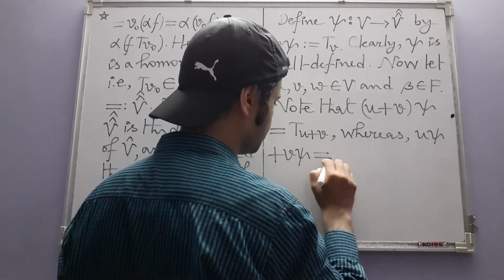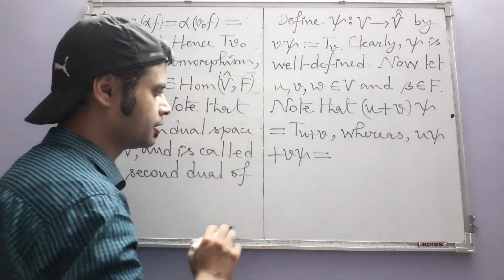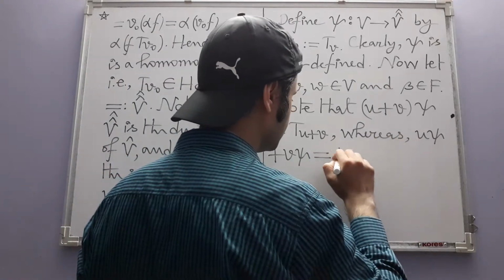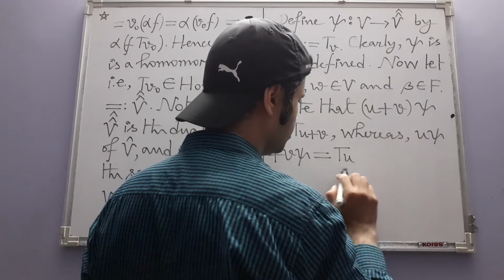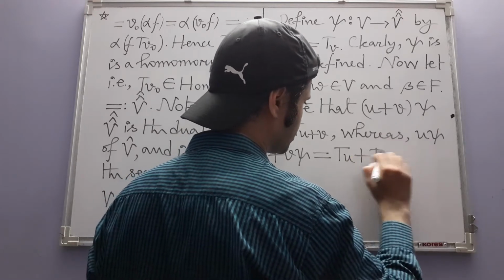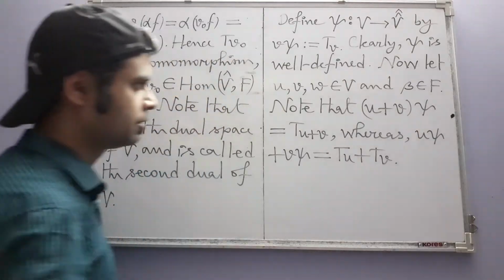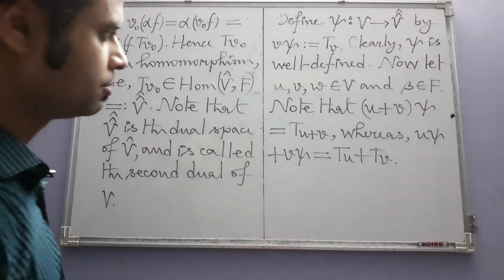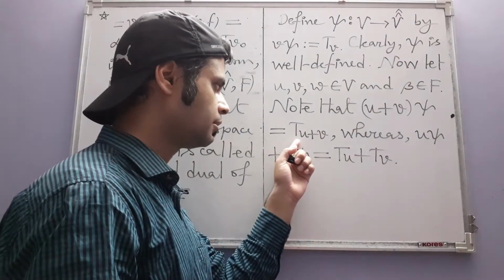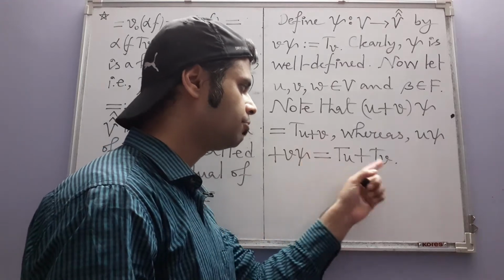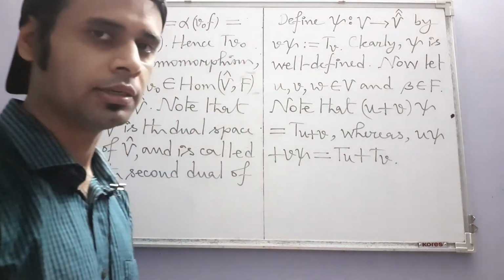If that happens, then we can say that psi respects addition. U psi is Tu and v psi is Tv. That means we need to show that as functions Tu plus v and Tu plus Tv are the same thing.